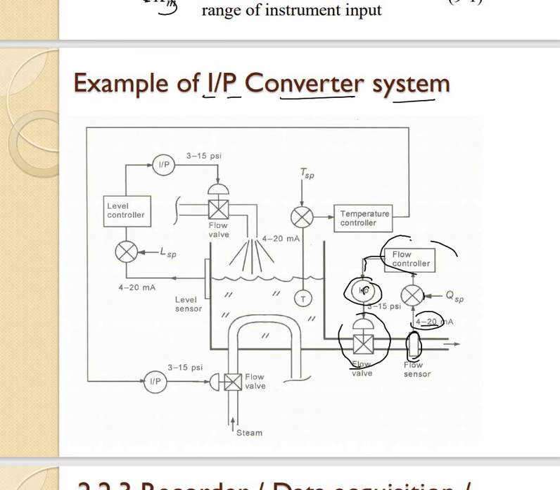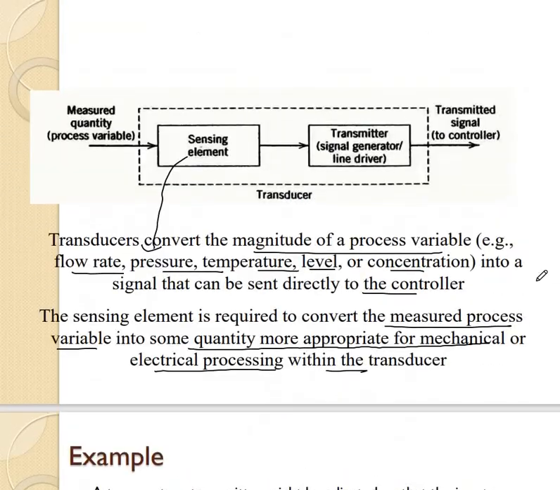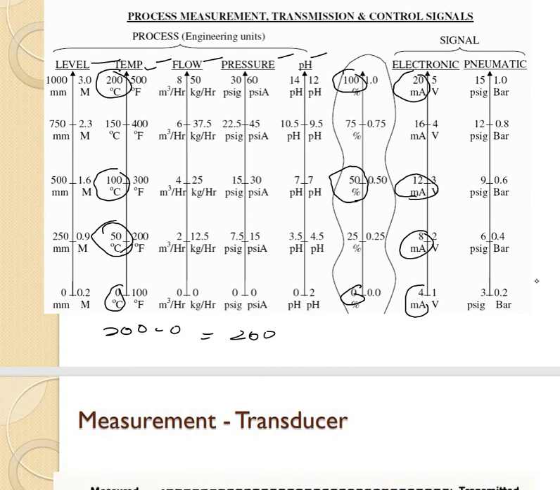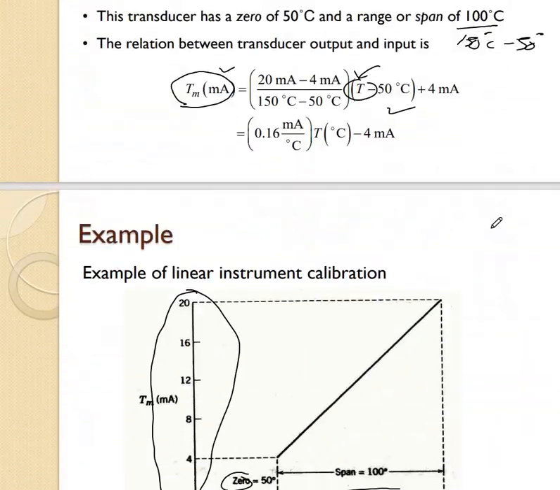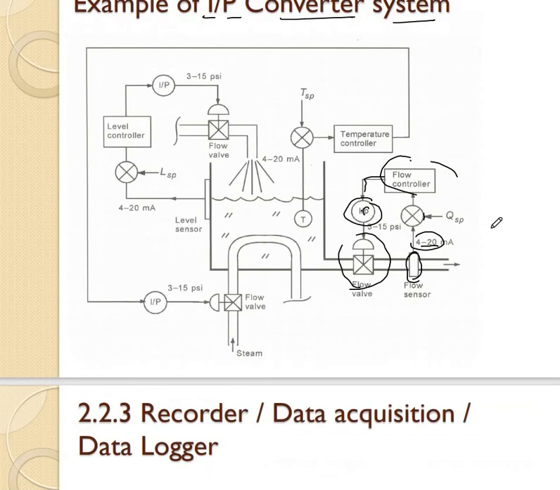For example, if the current signal is 8 milliampere, the pressure must be converted to 6 psig. Why do we use pressure to manipulate the valve?